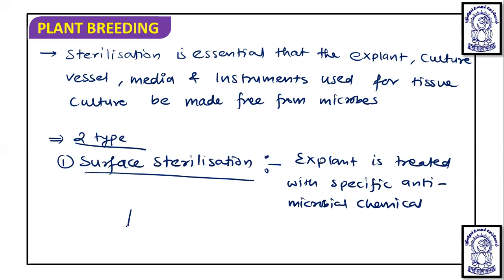Suppose I am taking one conical flask and I have taken a stem explant. A piece of stem, which is going to be taken as an explant, is added here, and along with it I am adding 0.1% HgCl2, which is an antimicrobial agent. So that HgCl2 will make the surface of this explant free from microbes. So this is our surface sterilization which is done with the explant.